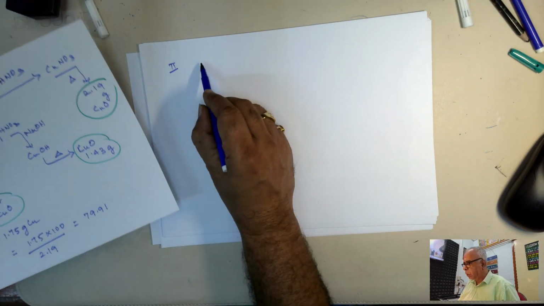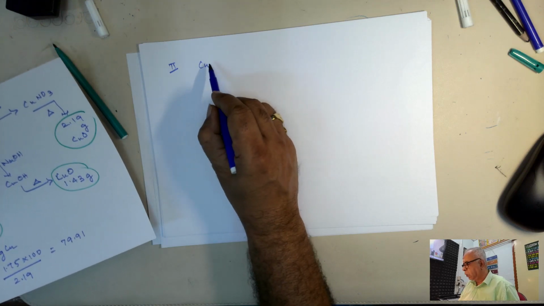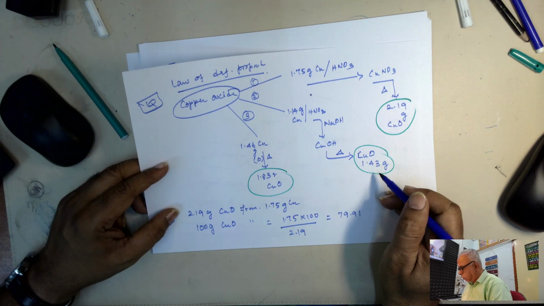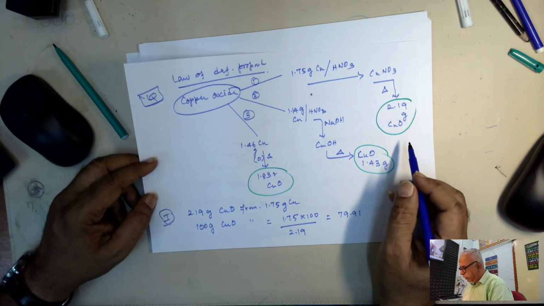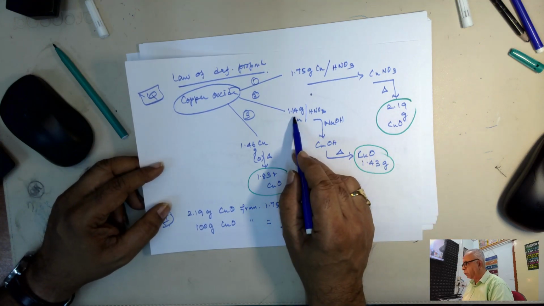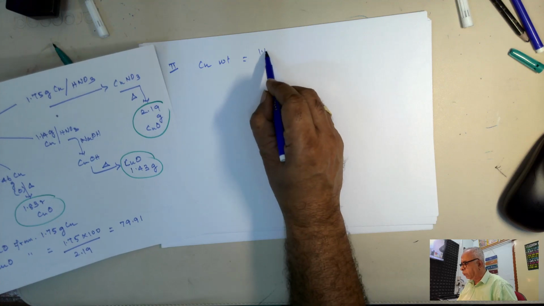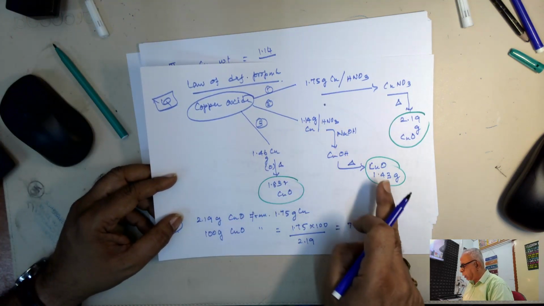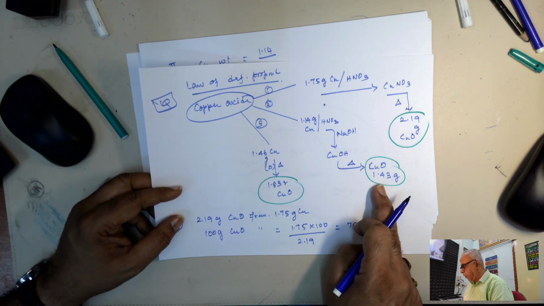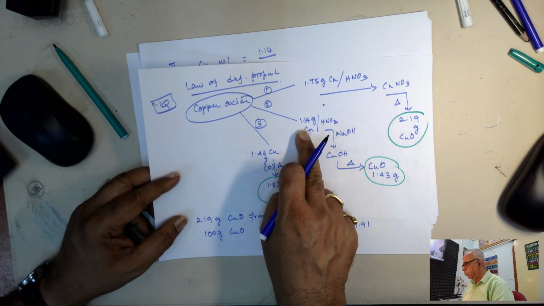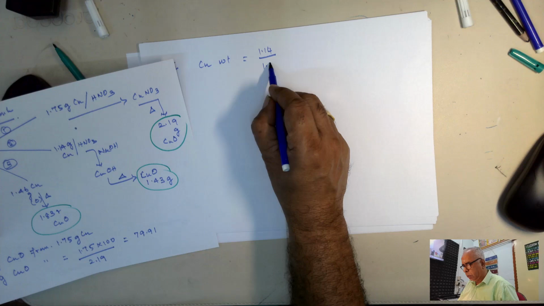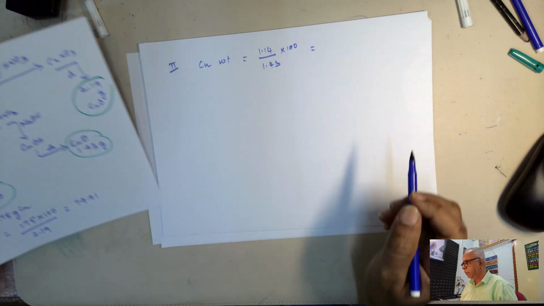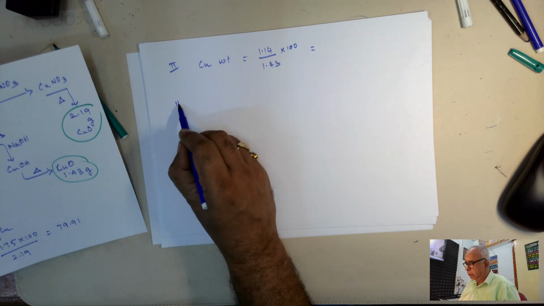Do it in the second case. What is the copper weight? What was the weight of copper you had initially taken? 1.14 gram. So 1.43 obtained from 1.14. So you can put 1.14 divided by 1.43 into 100. Similarly, third case.